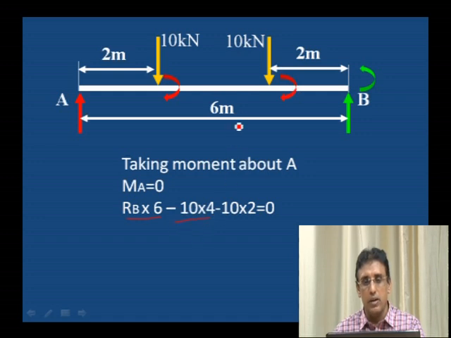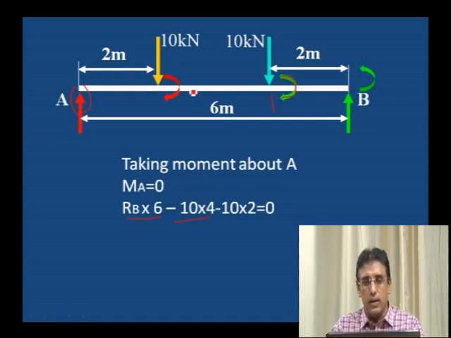Minus, because it is in this direction, minus 10 into the distance from this point to A, that is 6 minus 2, that is 4 meter. 10 into 4.